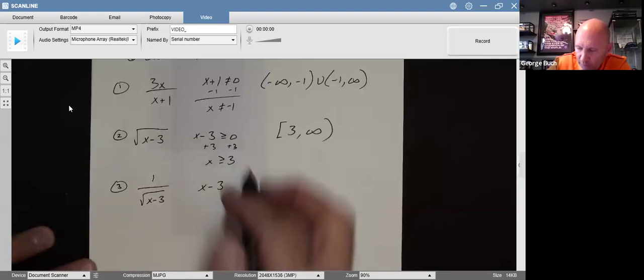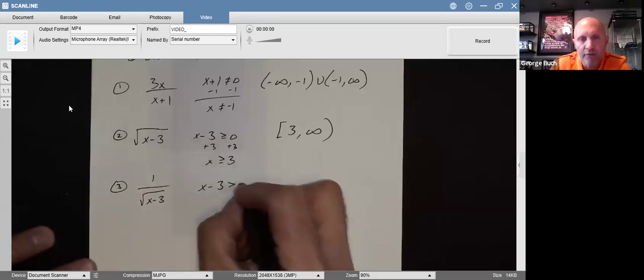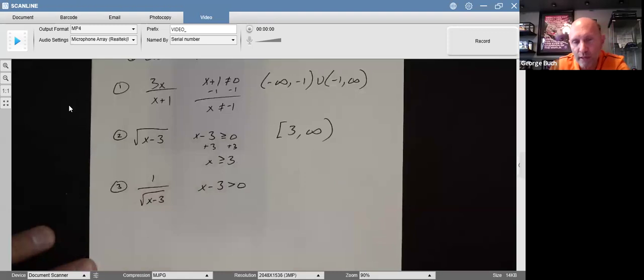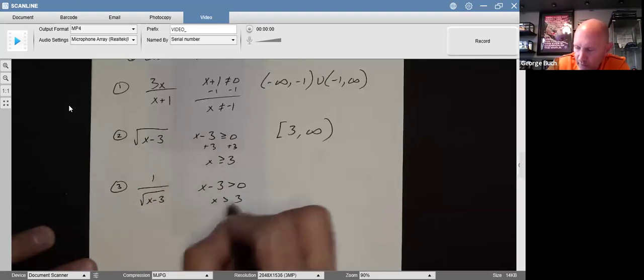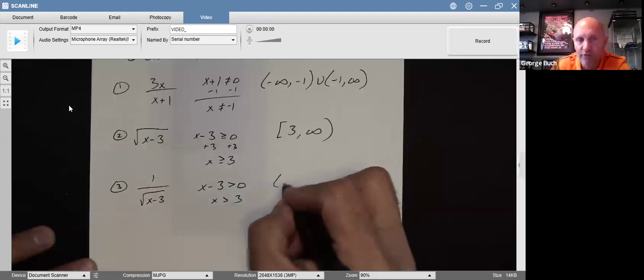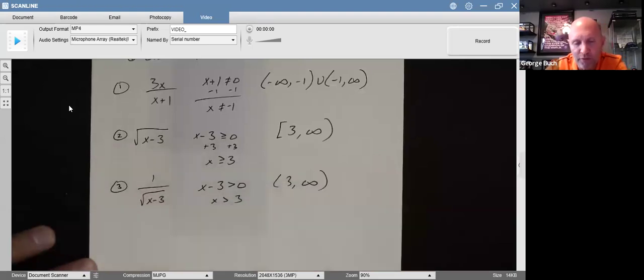So I'm setting this one up strictly as x minus 3 is greater than 0, not greater than or equal. It can't be equal to 0. So I get x is greater than 3, which in interval notation looks similar to number 2, but it's a parenthesis, not a bracket, because I cannot have 3 being the answer. It would give me 0 in the denominator.